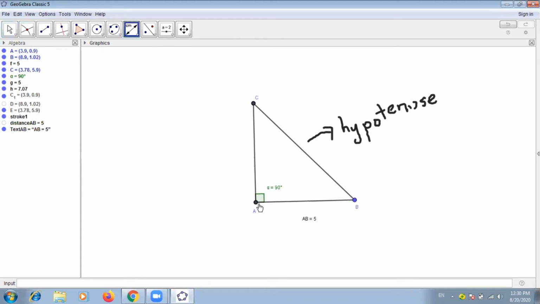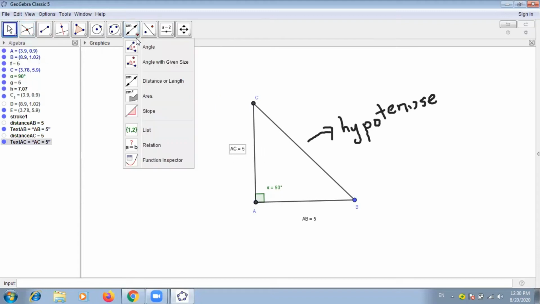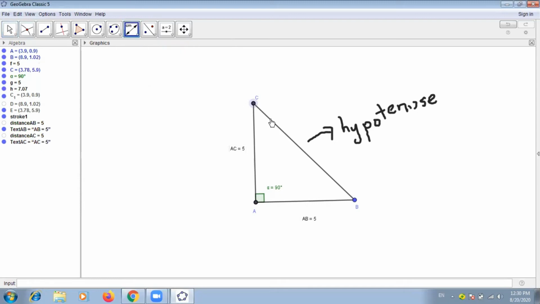Then I measure AC. It's also 5. I move this side to this one, and then I measure the length of this side: 7.07. That is the length of the hypotenuse. So we draw a table in which we will write the length of these three sides.